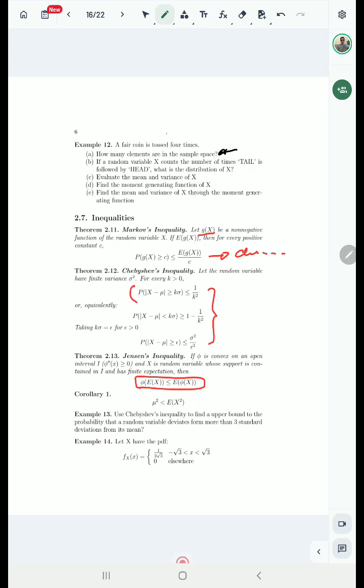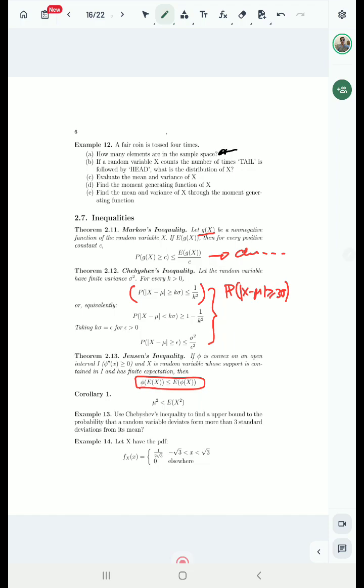We're going to use this part for example 13. So the probability that |x minus mu| is greater than 3 sigma is obviously going to be less than 1 over 9, because k is 3 in our case. And that is an upper bound, because that probability is less than or equal to 1 over 9.